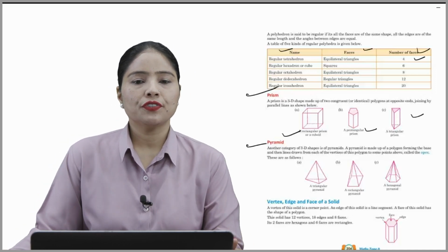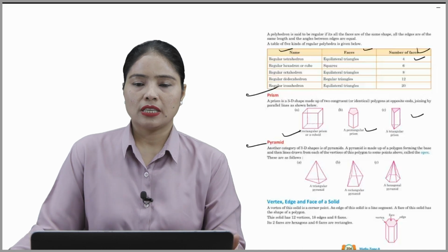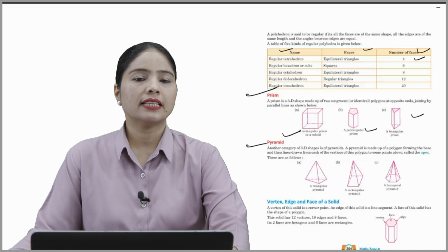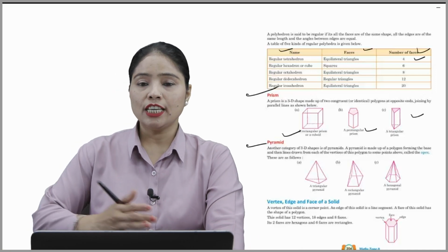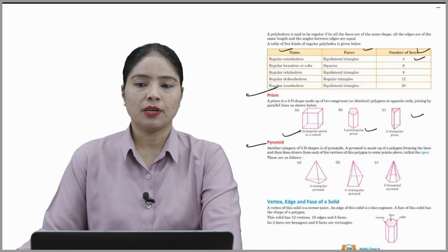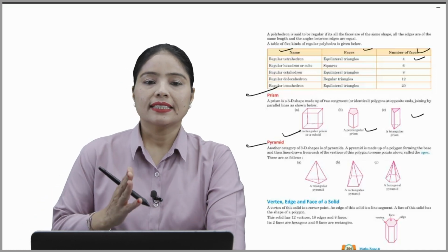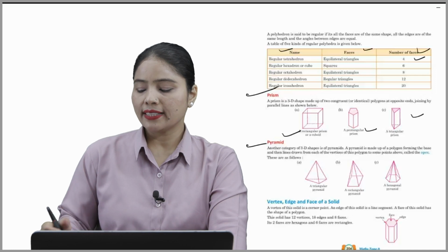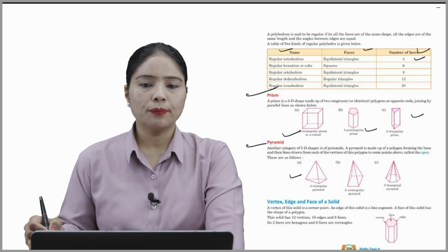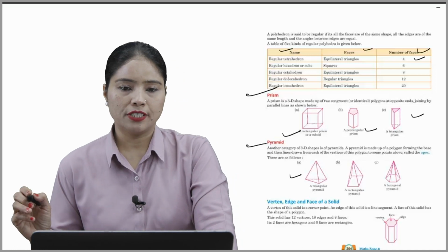Another category of 3D shapes is the pyramid. A pyramid is made up of a polygon forming the base and then lines drawn from each of the vertices of this polygon to some point above called the apex. These are as follows, like that one, beta. Okay, a triangular pyramid, a rectangular pyramid and a hexagonal pyramid.